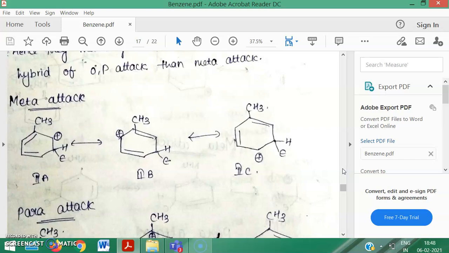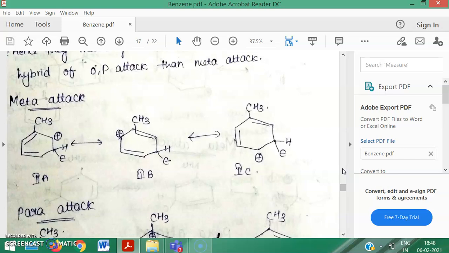So how do they activate? By two effects: the inductive effect or the resonance effect. They can donate electrons through the single bond, which is the inductive effect. They can donate electrons to the double bond by overlapping of pi electrons, which is called the resonance effect.